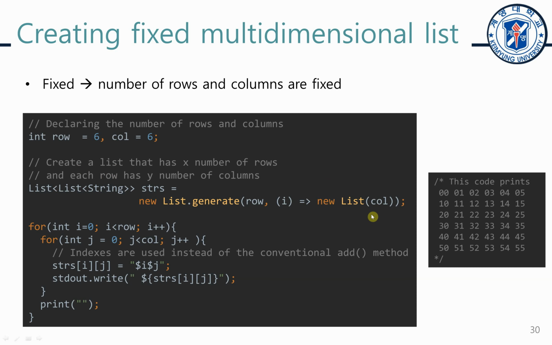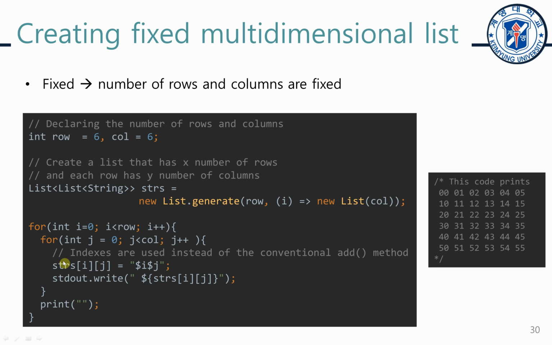So we created a list inside a list, and then we use a nested for loop to add elements to the list of lists. Instead of the add method, however, we use just the indexes.